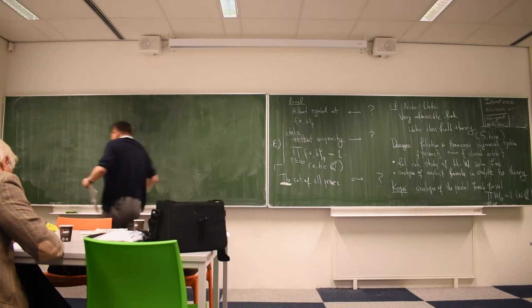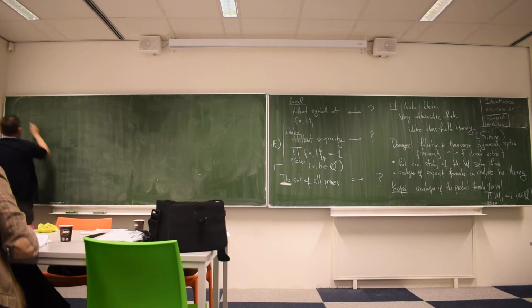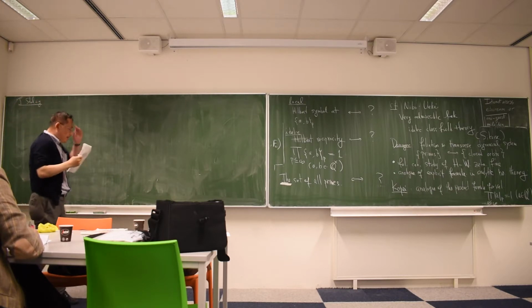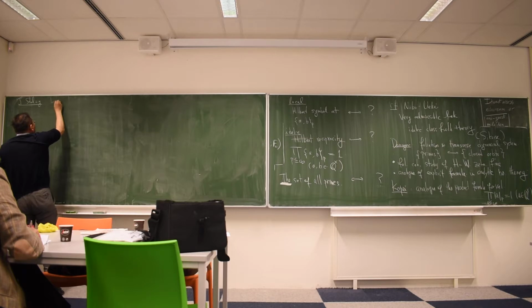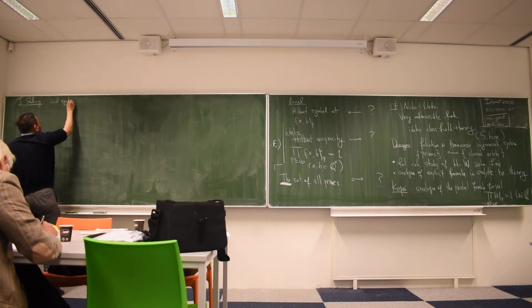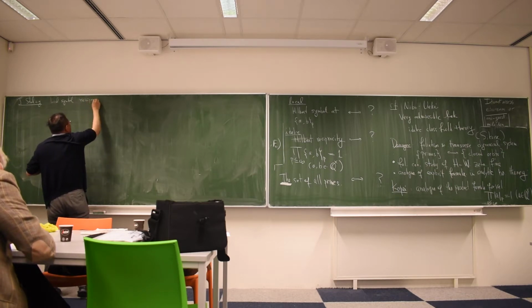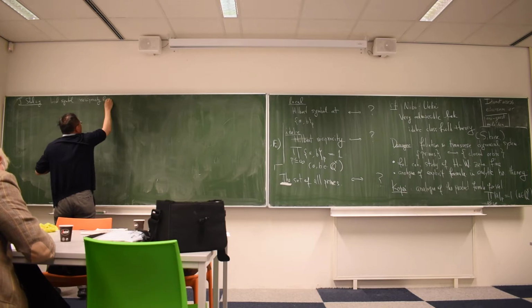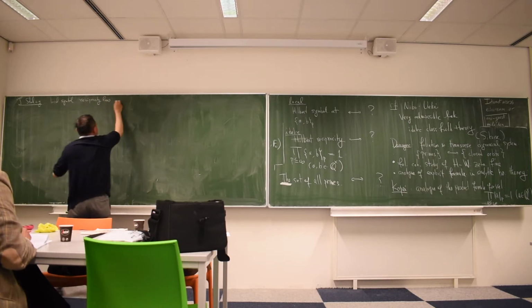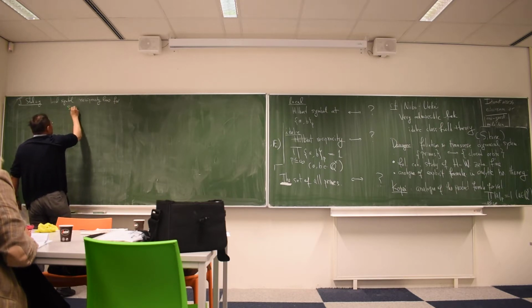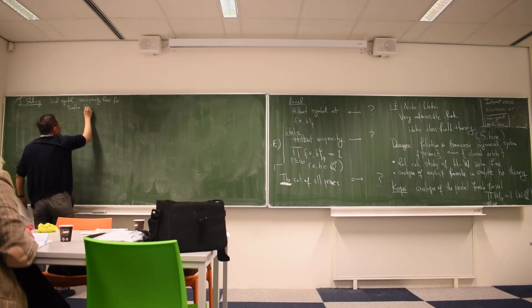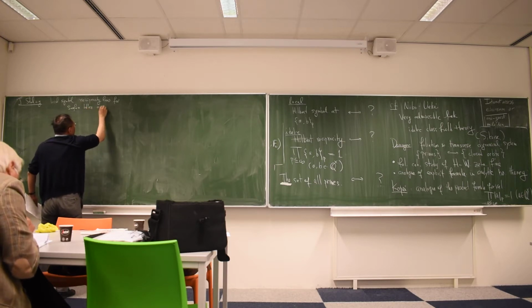For this problem, it was Janos Stealthy, I think, who was the first to study it. He introduced the local symbol and showed the reciprocity law for surface bundles over the circle.